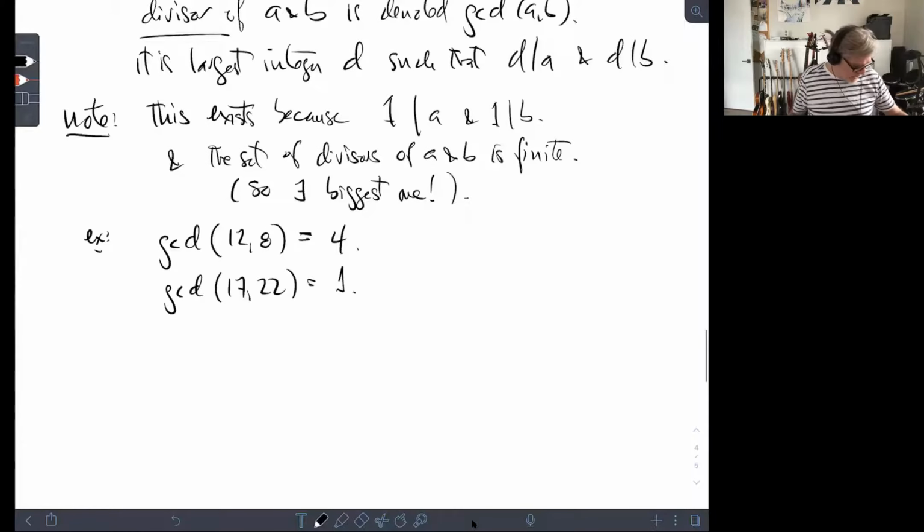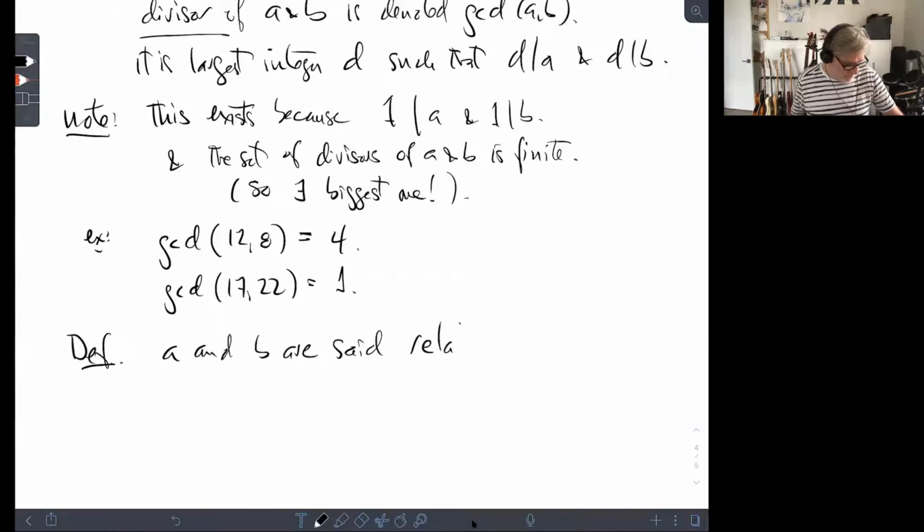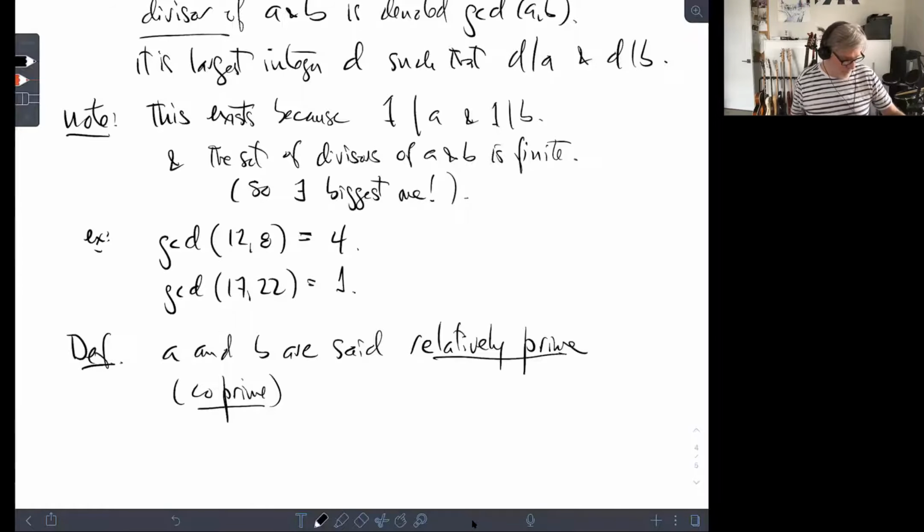So here's an extra definition. We say that A and B are relatively prime or coprime if their GCD is 1.